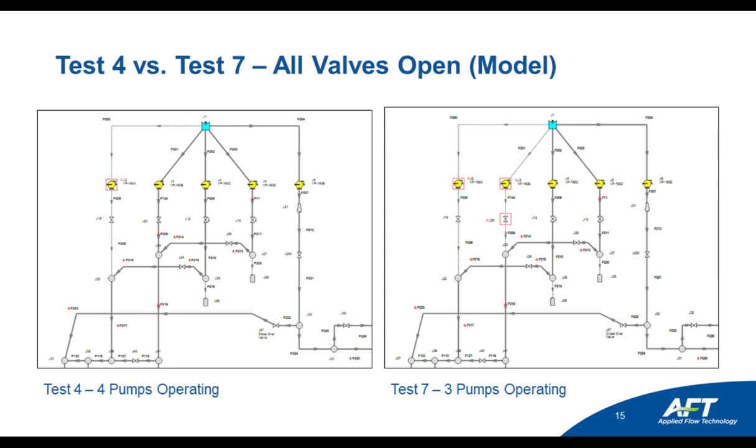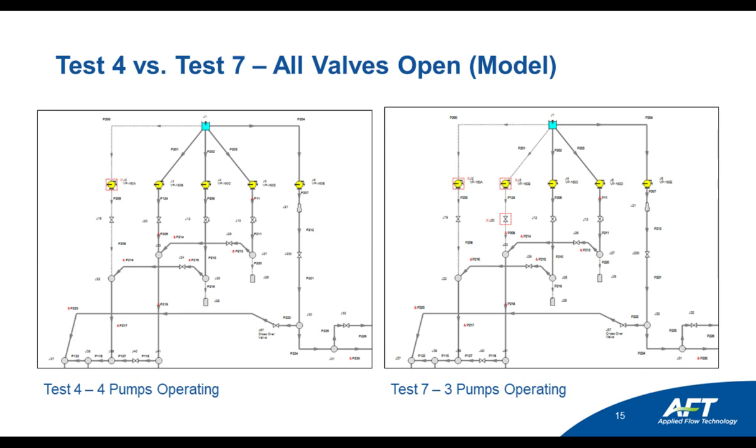So here's the first scenario for keeping all of the valves open, comparing the test 4 scenario to the test 7 scenario. So the test 4 scenario has 4 pumps operating. As you can see, the one on the far left is turned off, and there's no flow through that path. That's what the dotted lines in that pipe run mean.